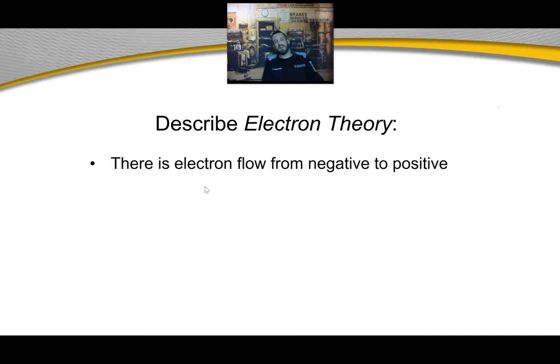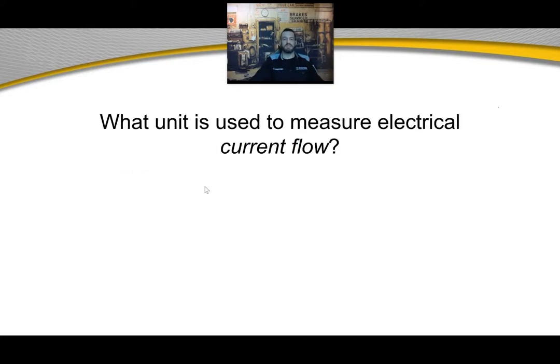It actually flows from negative to positive. And the world was like, we based everything that we have on the other way, and we're not going to change it. So conventional theory is what everyone goes by. Now, that's important when we talk about the left-hand rule and the right-hand rule and magnetism and all that type of stuff, but that is a story for another day, okay?